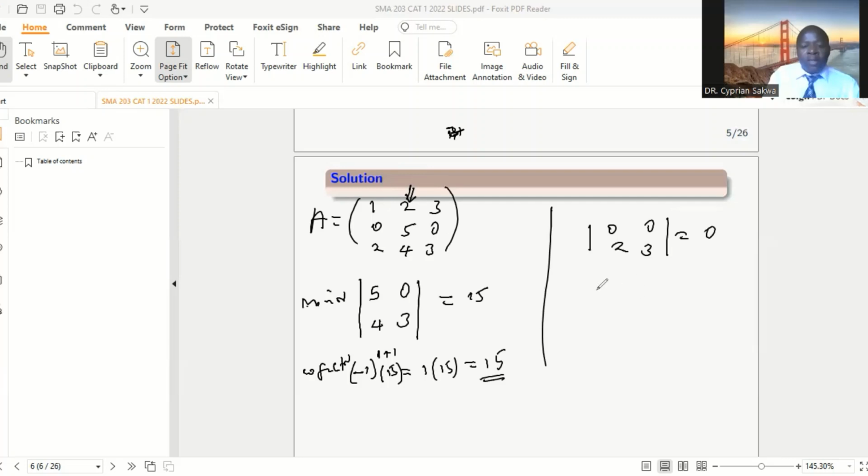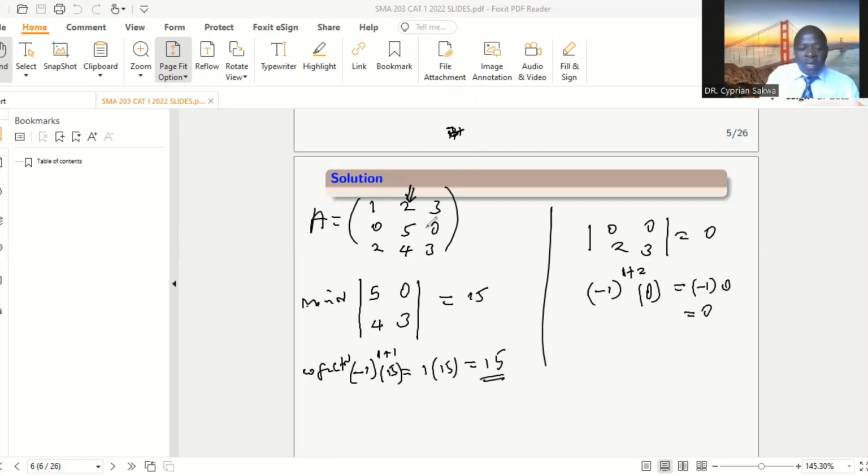What about the cofactor? The cofactor will be -1 raised to, the row of 2 is row 1, and the column of 2 is 2. Then multiply by the minor, but the minor in this case is 0. So this will be -1 raised to 3, which will be -1, times the minor, which is 0. So this is how we'll be doing it.